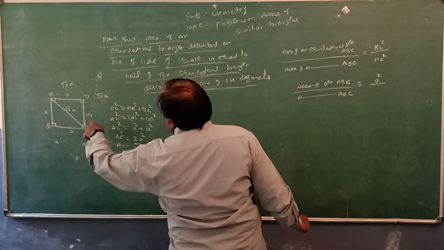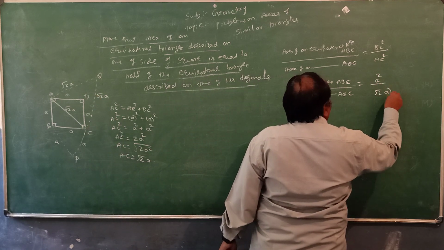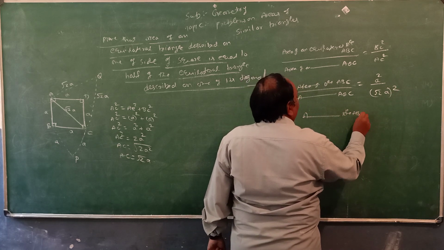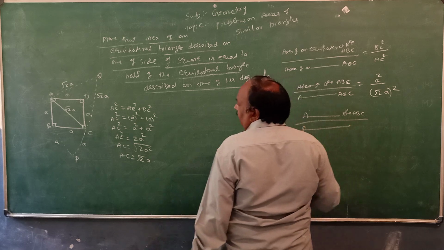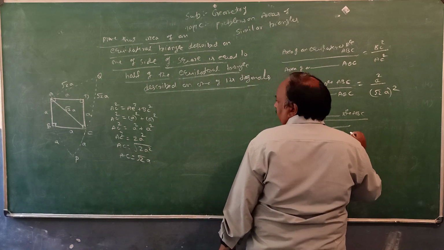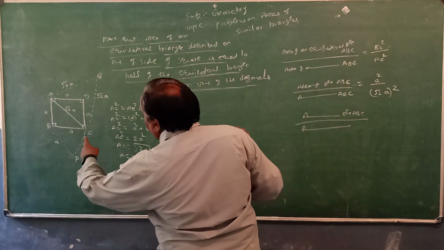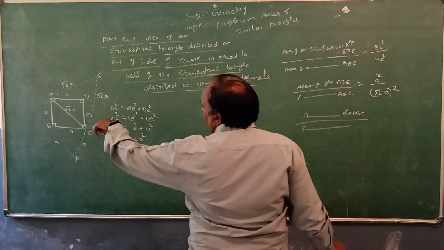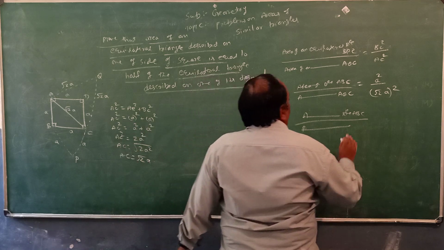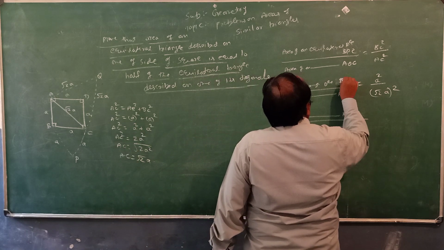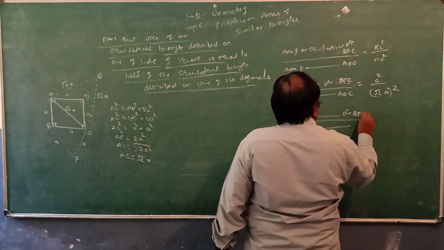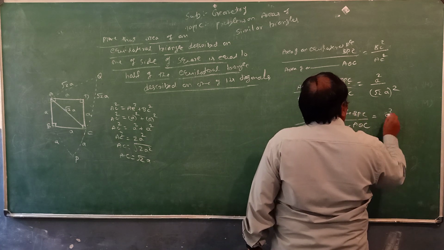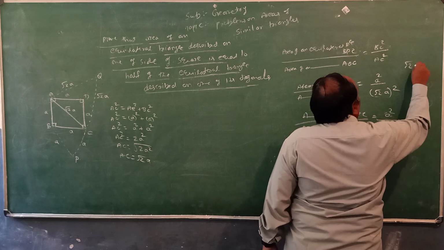What is AC? Root 2 A whole squared. So A squared divided by root 2 into root 2.